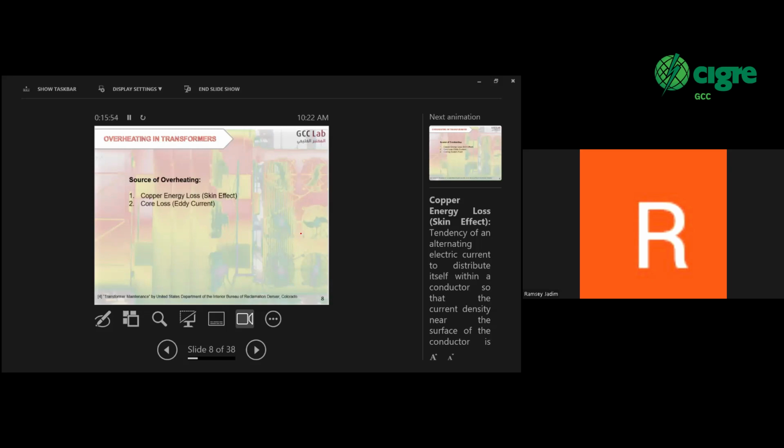In core loss, there is usually magnetic circulating current in the core, and if the lamination is not very well manufactured, this can also let some currents escape outside, and this increases the overheating, or can be a source of overheating.